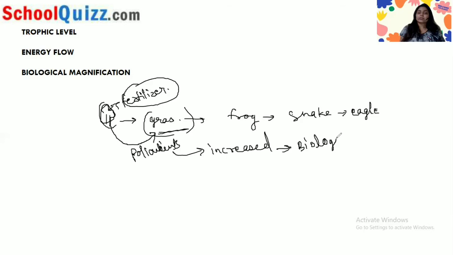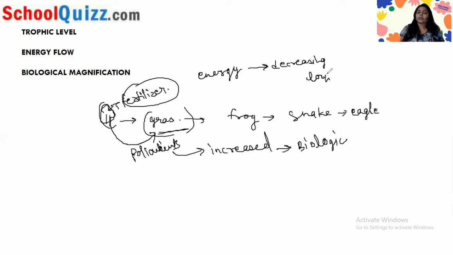Remember that in the energy flow, energy is decreasing from the lower to the higher trophic level.